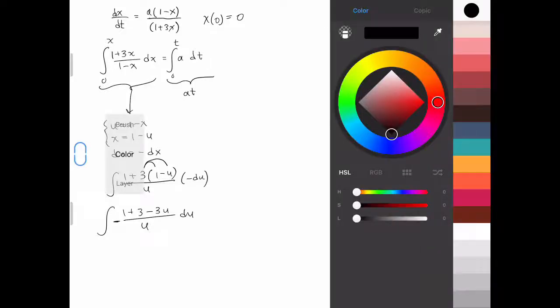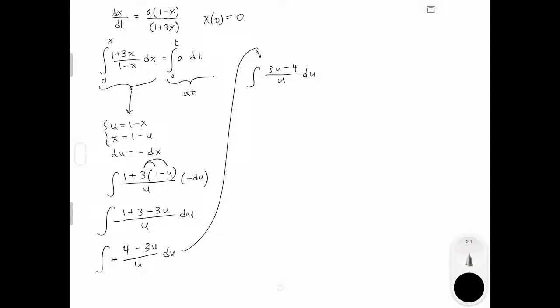Then still clean it up, so that 4 we can combine: that's 4 minus 3u over u, and this negative I can distribute into the numerator. So this becomes 3u minus 4 over u du. The negative I just distributed switches the order of the numerator.